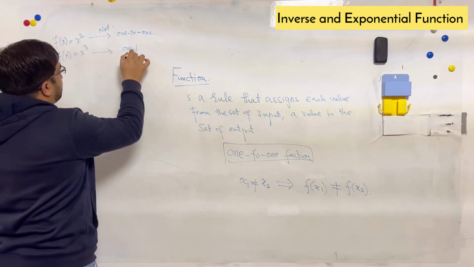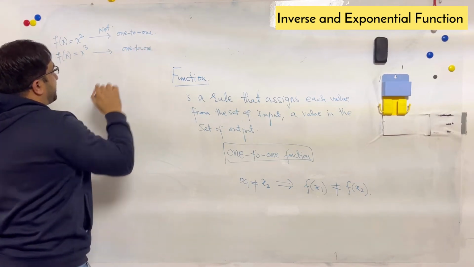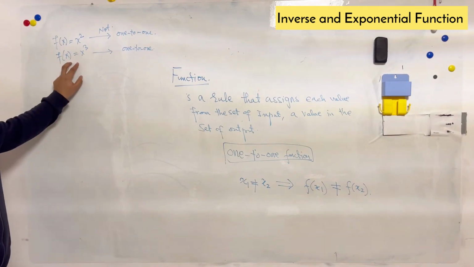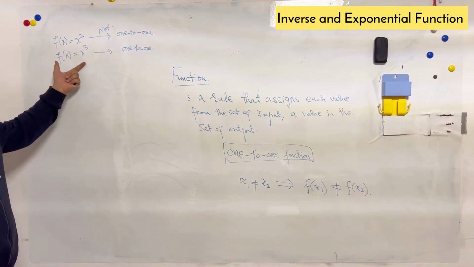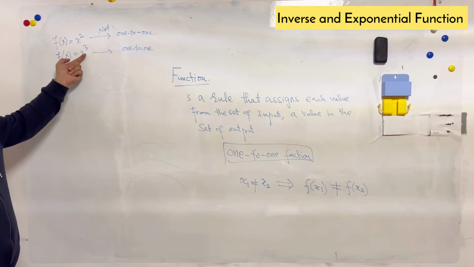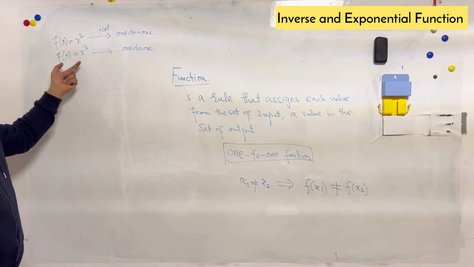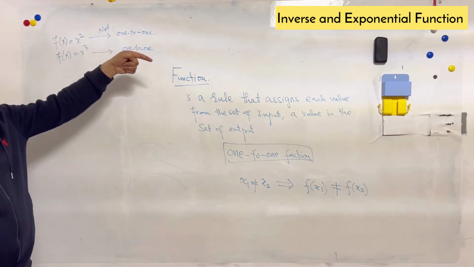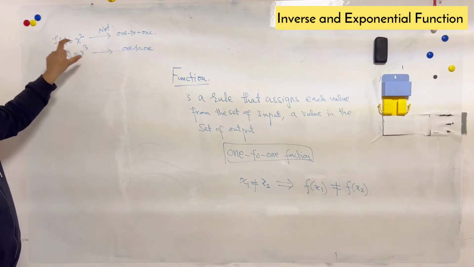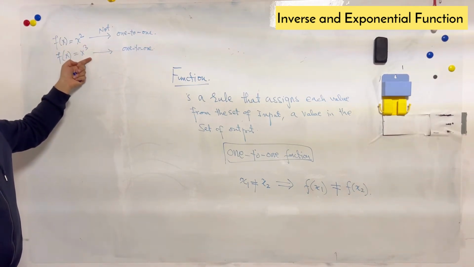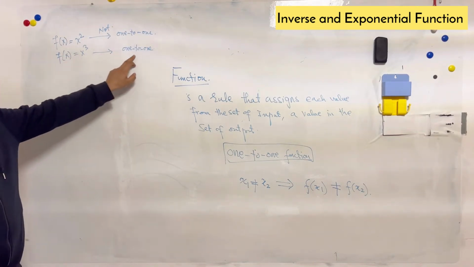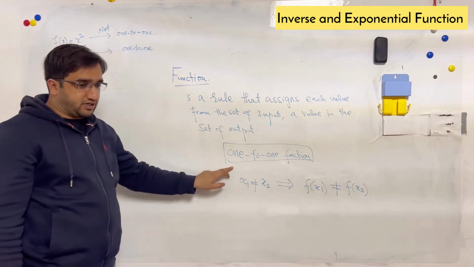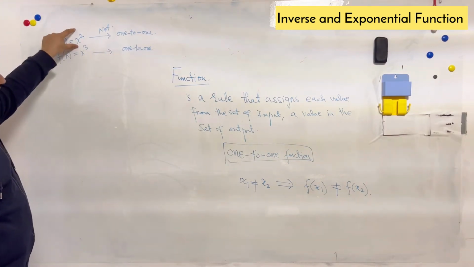You can check. You can put any value and you will always get a different result. For example, if you choose minus 1 and plus 1, for minus 1 you will get the answer minus 1. For plus 1 you will get the answer plus 1. So even the simplest case is not giving you the same value, and all others are also different. So this function follows the criteria. This is a one-to-one function, and the parabola is not a one-to-one.